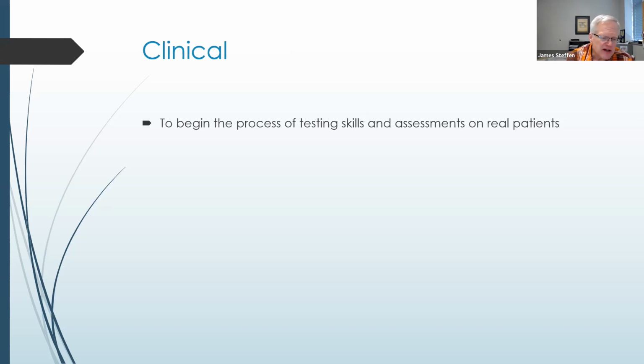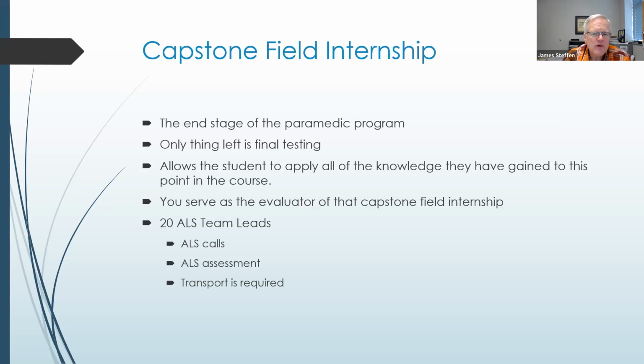Then they go across the street or to Fort Madison for clinicals, right? And this is very much a skills training and evaluation process over there, where they actually see live patients, go to the OR, ICU, whatever.